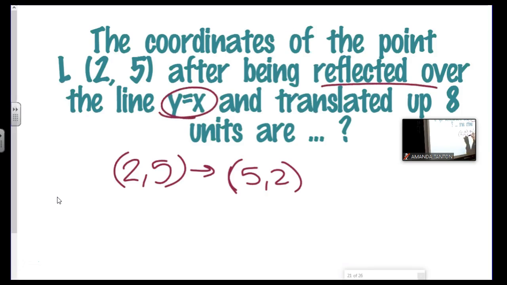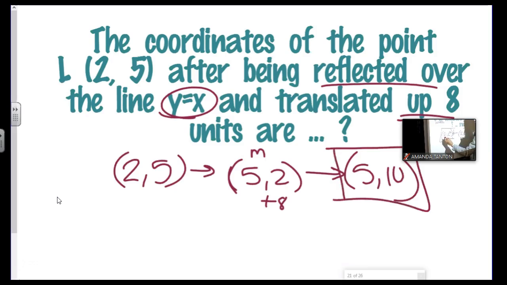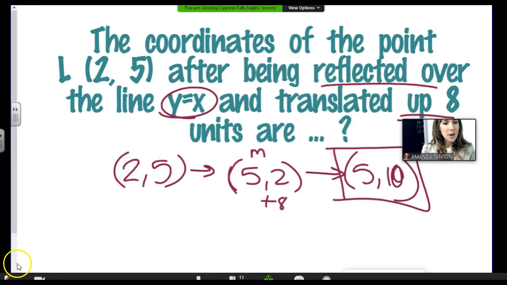That's when you switch the coordinates. So that's our middle step. And then we want to go up 8. (5, 10). There we go. Final answer would be the coordinate (5, 10). Those are the coordinates of the image. The first one's the pre-image, the second one's the image. Okay, so we're done.